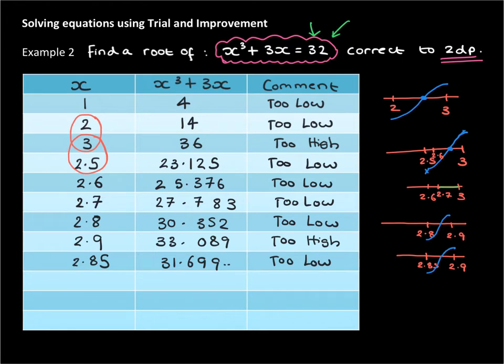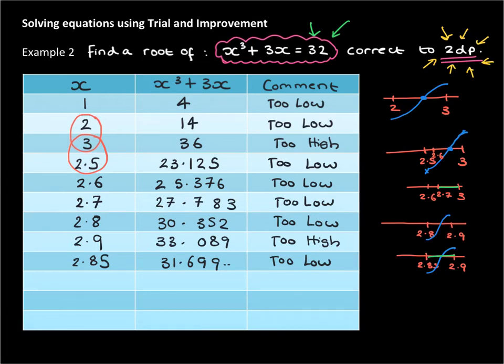So if I were rounding the answer to 1 decimal place, I can now say that the answer has got to be 2.9 to 1 decimal place because it's a number that lies in between 2.85 and 2.9. But remember the question said we had to find the answer correct to 2 decimal places, which means we need to carry on going.